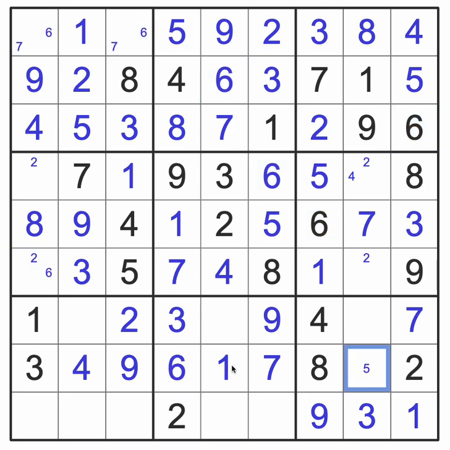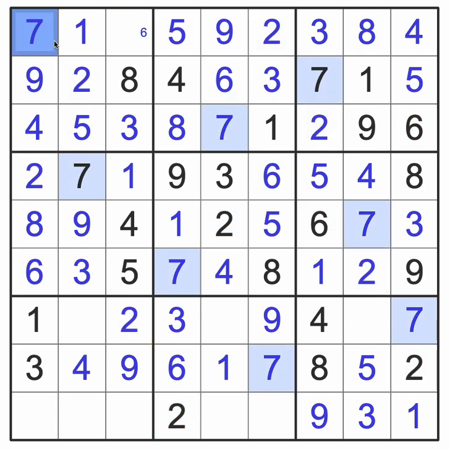The last number of this row is 5. The last number, no, this is 2, 4 double, and 4 has made this cell 2. And this is 4. The last number of this row is 2, and this will be 6. Makes this cell 7, gives me 6.